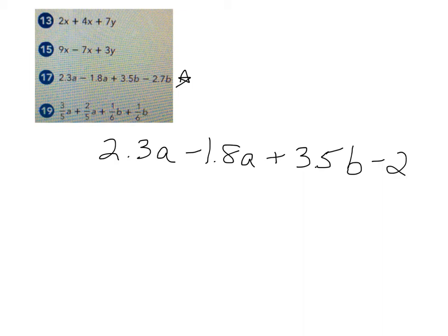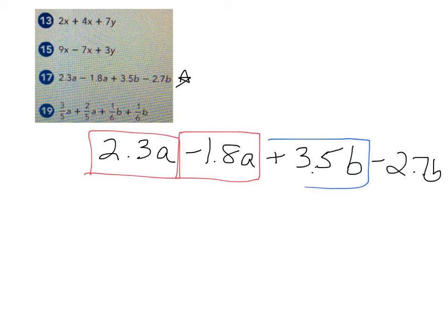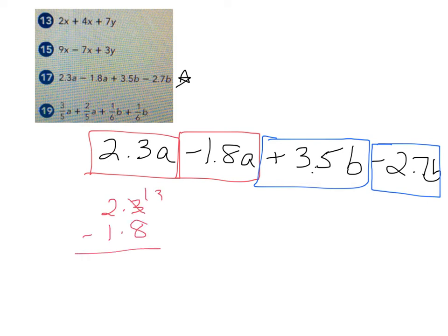All right, so let's move on to the next one, 17. 2.3a minus 1.8a plus 3.5b minus 2.7b. And there is a decimal there. So this is an a, but negative 1.8 is an a, 3.5b, negative 2.7b. So we're going to combine the two a's. This would just be 2.3 minus 1.8, which would be borrowing.